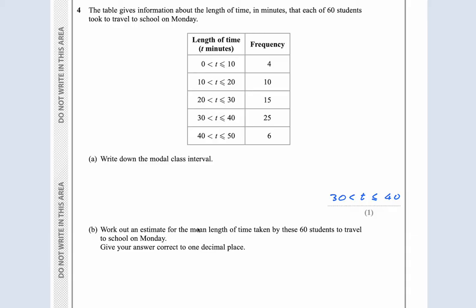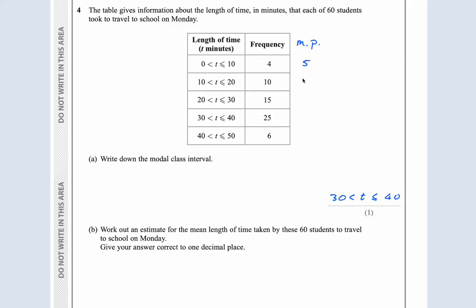Work out an estimate for the mean length of time taken by these 60 students to travel to school on Monday. Okay, guys, we need to use the midpoint. So you may have seen me do this before. I do a new column and I call it midpoint, or m.p. The midpoint of 0 and 10 is 5.